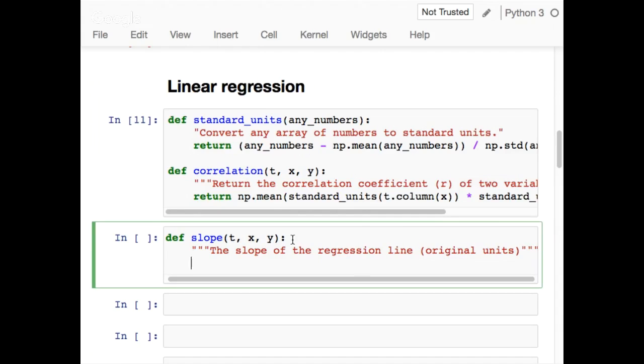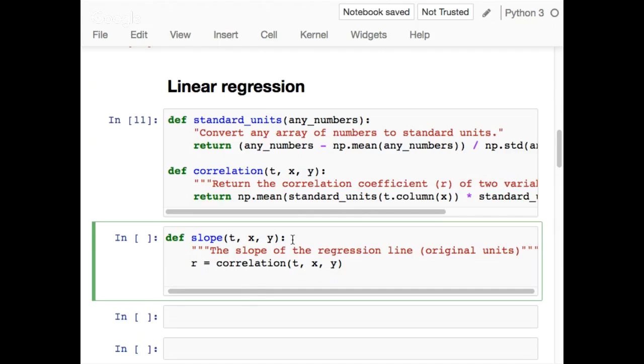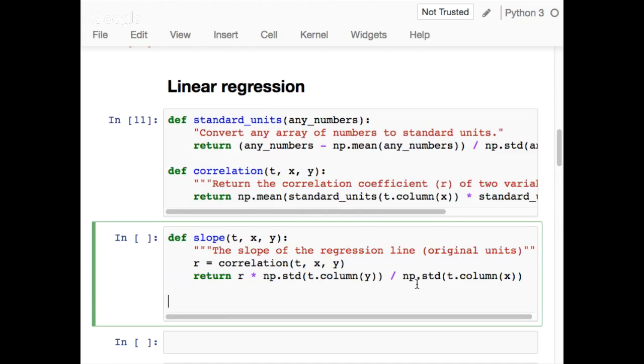So to do that, I need to find the correlation, and then I can just return r times the standard deviation of the table's column y divided by the standard deviation of the table's column x. This is my slope function.